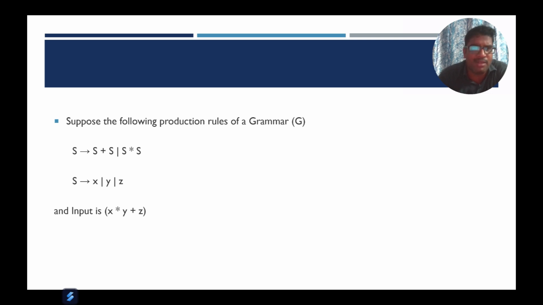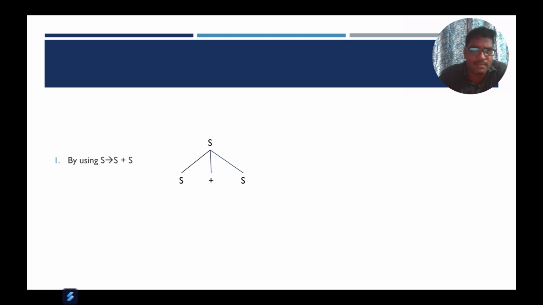In the first step, I am going to consider S tends to S plus S. By this production, S will be the root node here, and these are the intermediate nodes, S plus S. From this, S derives S plus S by using step 1, that is S tends to S plus S. Next, I am going to consider the second production, S tends to S star S. At the left side, I am going to consider the first variable.